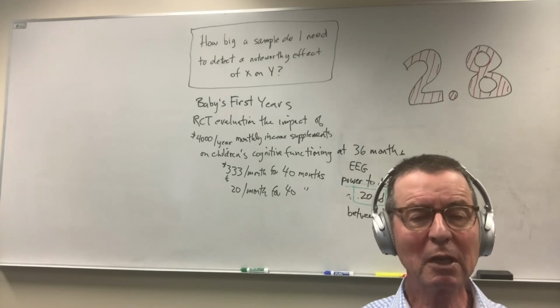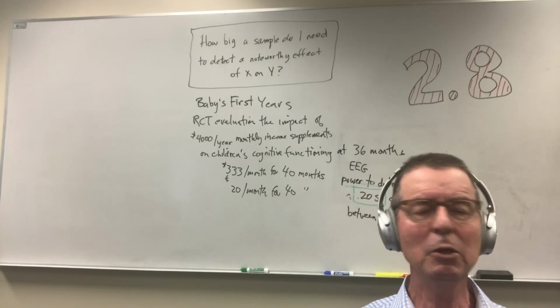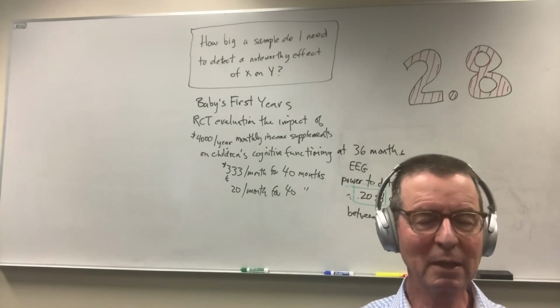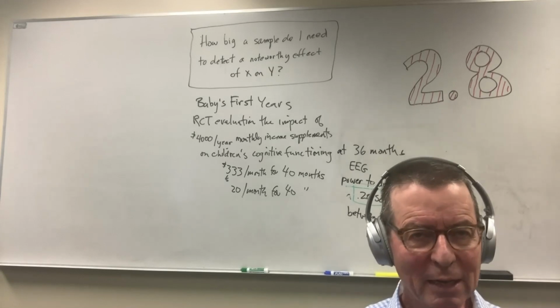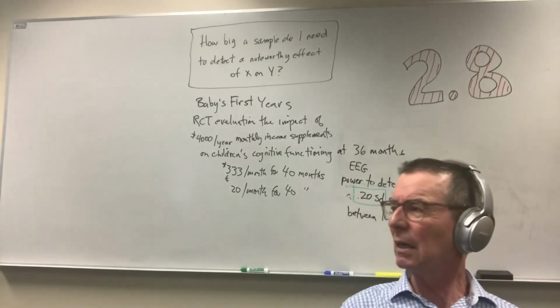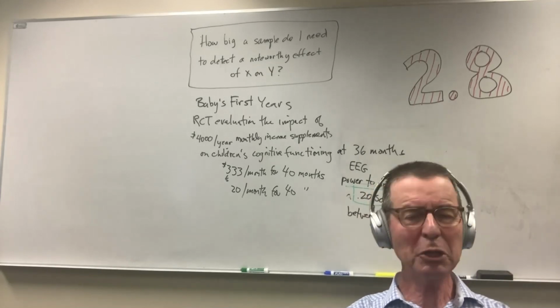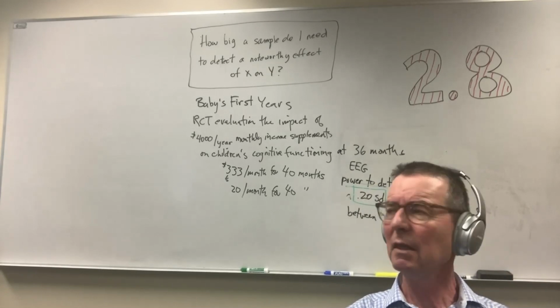Or if it's a clustered design, you've got kids clustered within classrooms, use Optimal Design because that accounts for clustering. But on the other hand, suppose you just want to do some kind of regression analysis, not an experiment, right?